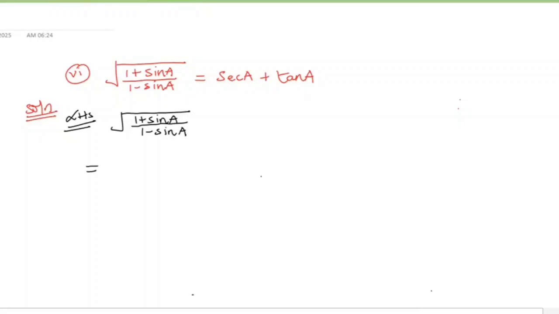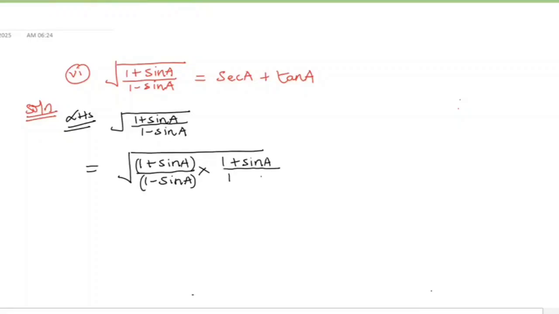So next step what we'll do, we'll just rationalize the denominator, that is root over (1 plus sin A) by (1 minus sin A) into (1 plus sin A) by (1 plus sin A).